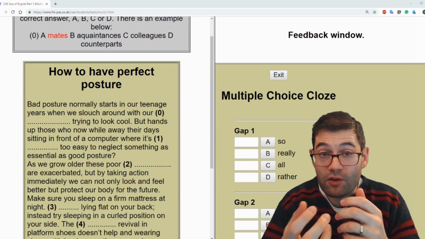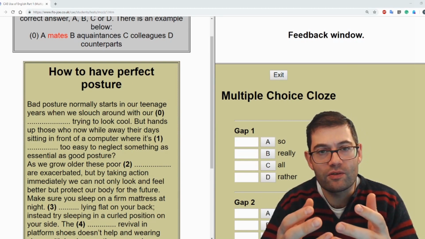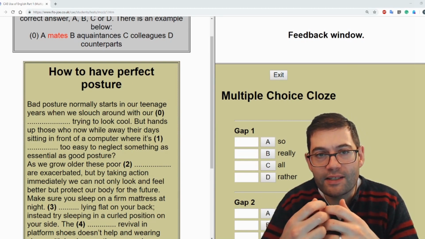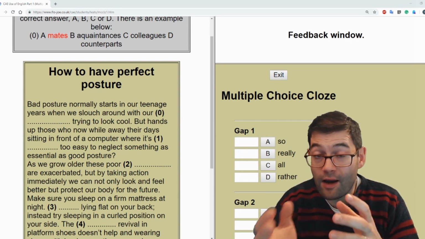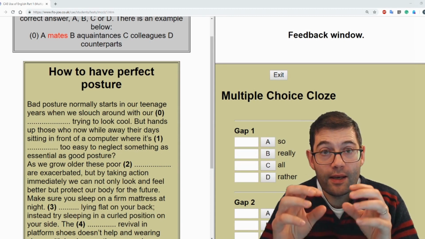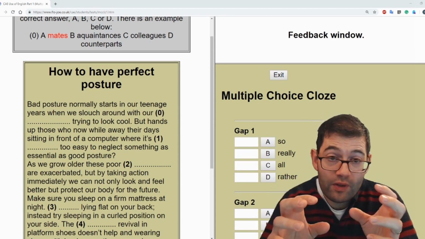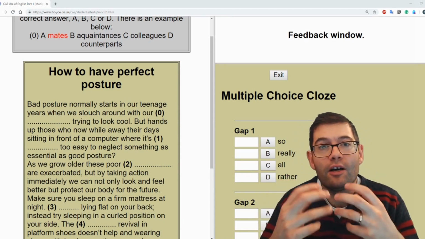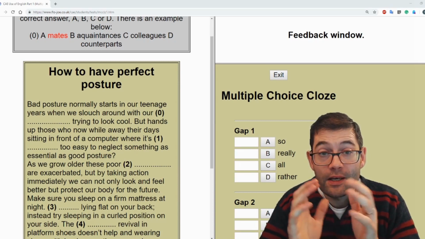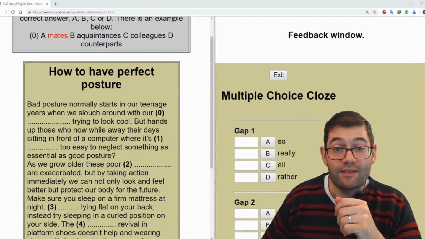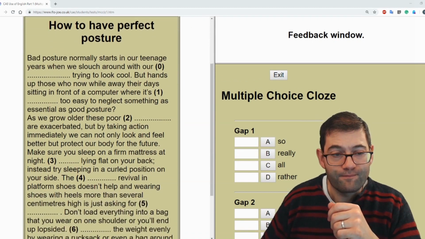If you don't do that and you answer a question straight away without reading what comes next, very often you might get that answer wrong, particularly when the language before the gap and after the gap are vital in terms of working out what the correct answer is. So talking about correct answers, let's find out what the answers are.